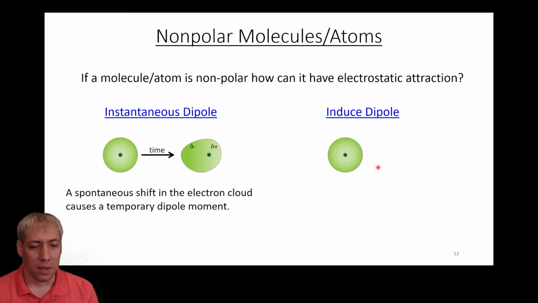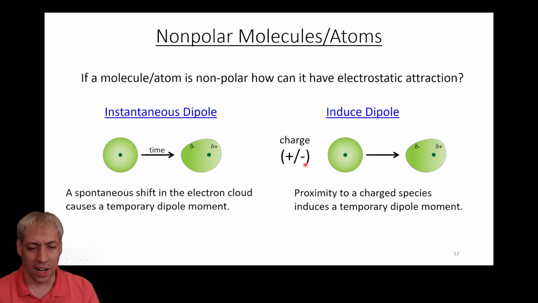An induced dipole, in contrast, is not just a spontaneous thing, but instead you take a nonpolar molecule and you put some kind of charge in proximity to it, like you put a sodium ion next to something that's nonpolar. It's going to basically perturb this electron cloud. And so if you have, say, a positive charge here, it's going to shift that cloud so the negative goes towards the positive, and you're going to get a temporary dipole moment that's partial negative and partial positive.